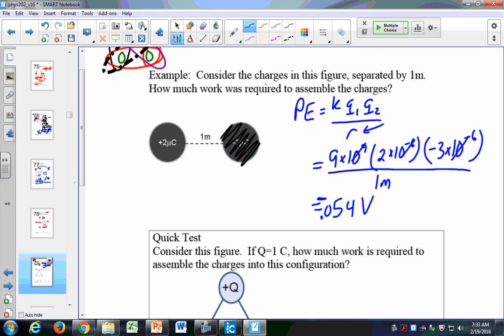Now what is the force acting on that charge as I move it? Like I'm just moving this charge around. What is the force acting on it? There are no other charges present. If there are no other charges around it, what is the force required to move that charge?